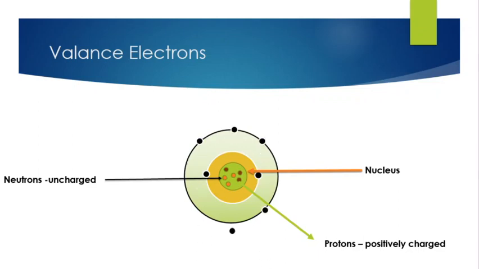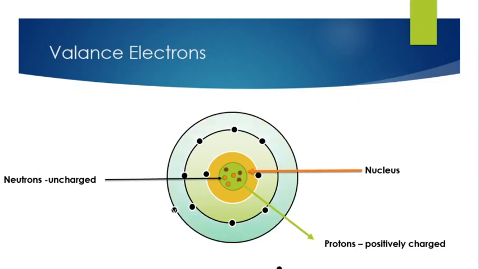Electrons surround in the orbit or path in the atom around the nucleus. So you can see there are three different orbits and electrons are moving around those orbits. Electrons are always negatively charged.